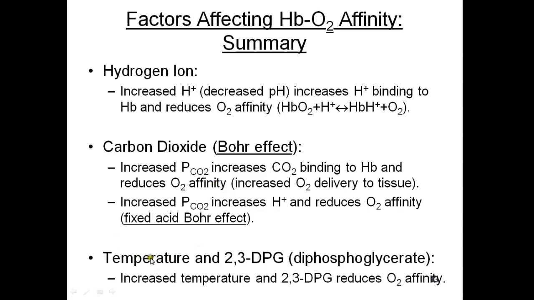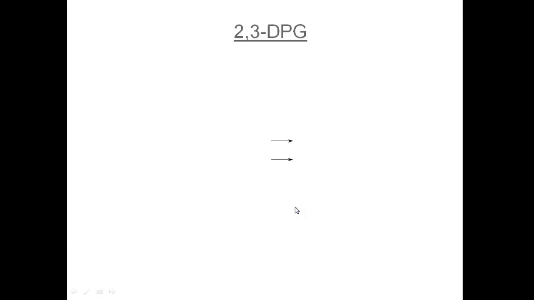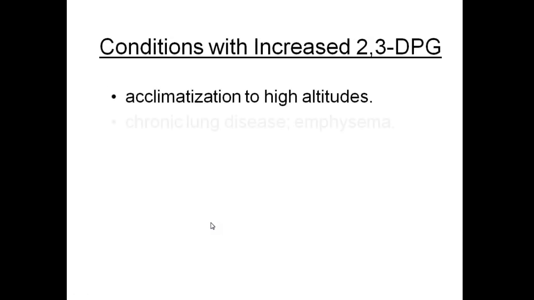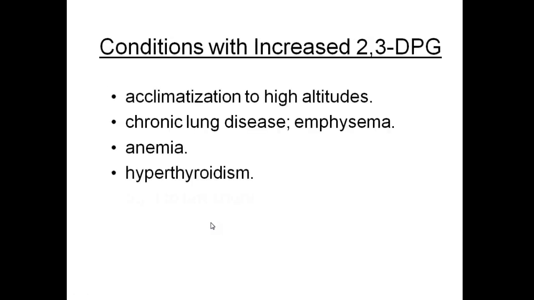Increase in temperature would also decrease the affinity or shift the curve to the right side. Increase in 2,3-DPG. This will also reduce the affinity or shift the curve. So whenever the affinity is reduced, it will shift the curve to the right side. 2,3-DPG is increased in cases of hypoxia, in cases of exercise.